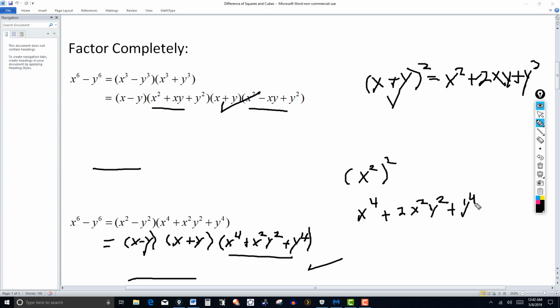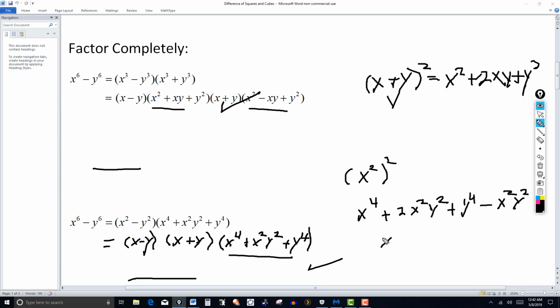Okay, but that's not legal because I've changed it. But if I put a minus x squared y squared, now it's the same thing, because 2x squared y squared minus x squared y squared gives me the same thing I started off with. Okay, so let's just look at this right here and factor it out.